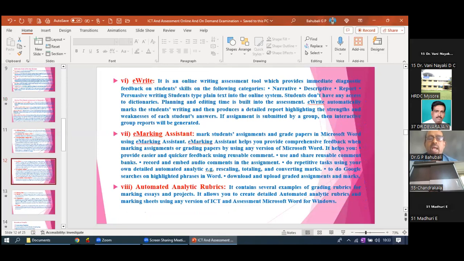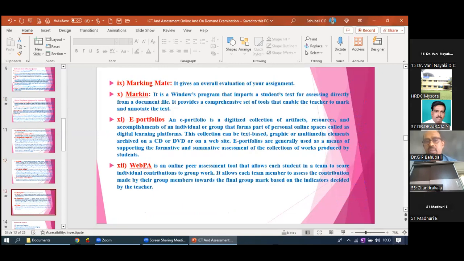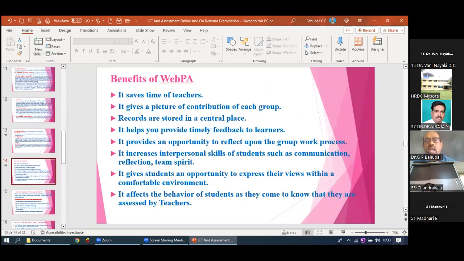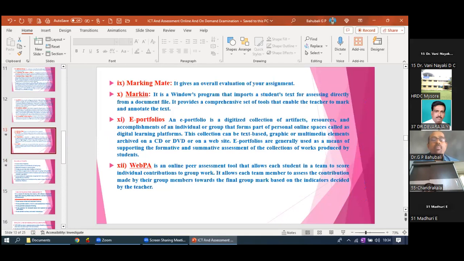And also E-Write, E-Marking Assistant, Automated Analytic Rubrics, Marking Mate, and E-Portfolio WebPA. These are some of the types we can use for assessing students' learning based on the subjective nature of the work.